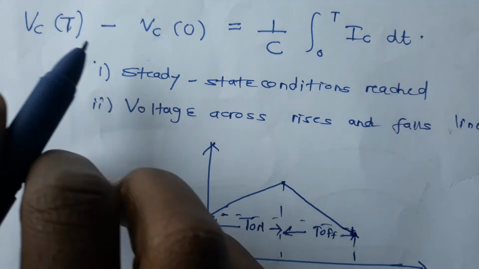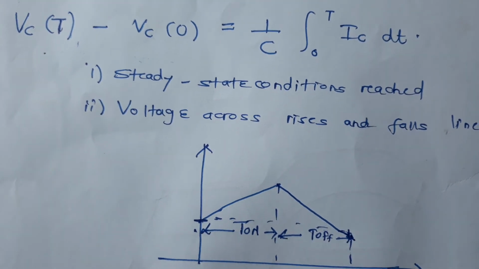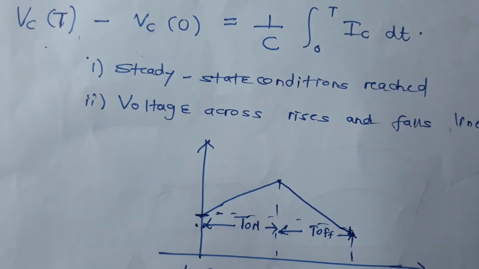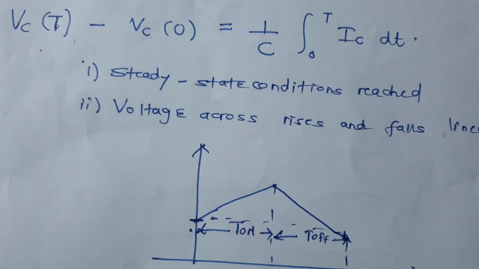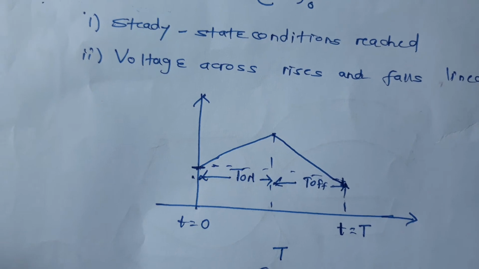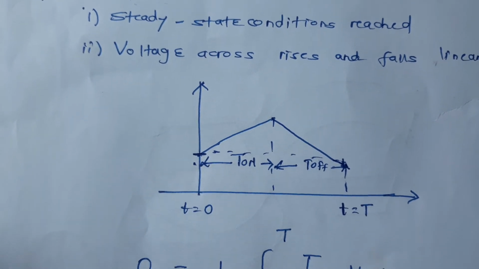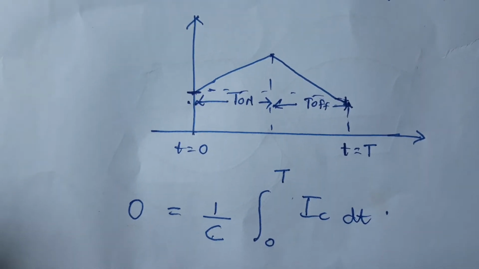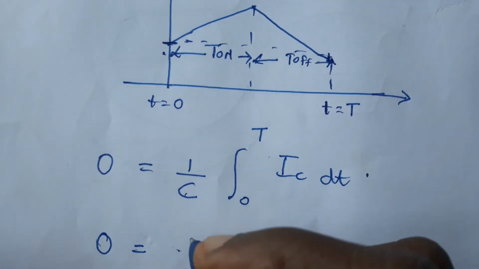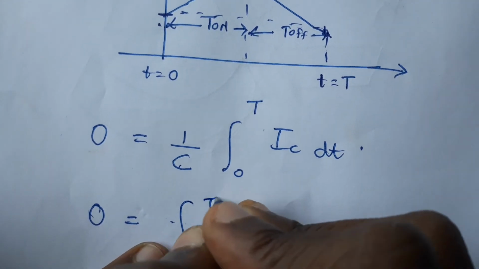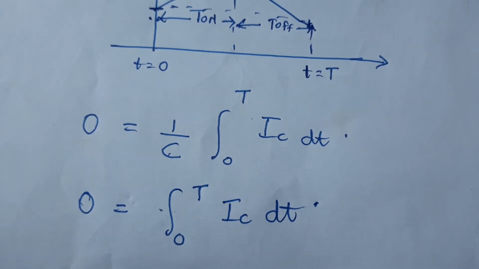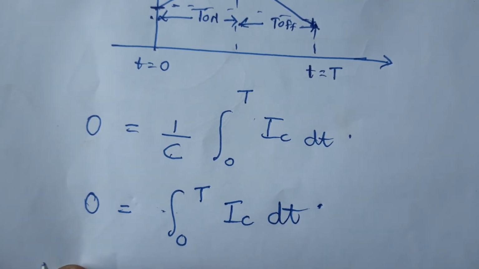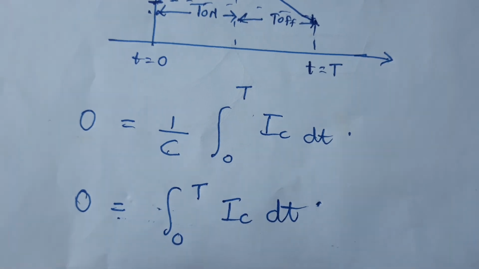So this statement can be simplified to 0 equals (1/C) times the integral from 0 to T of Ic dt. We can multiply by C on each side, so 0 equals the integral from 0 to T of Ic dt. And we can divide by T on both sides of the equation.